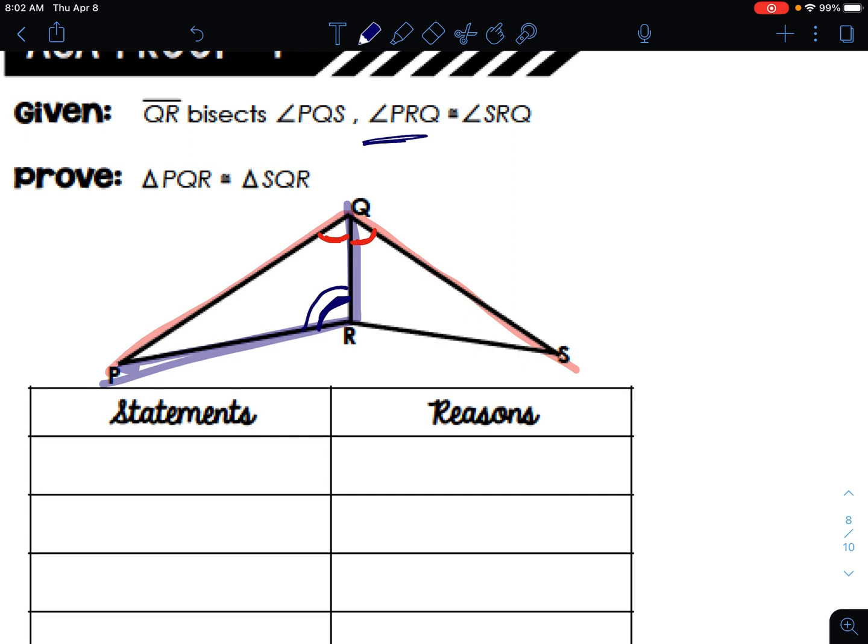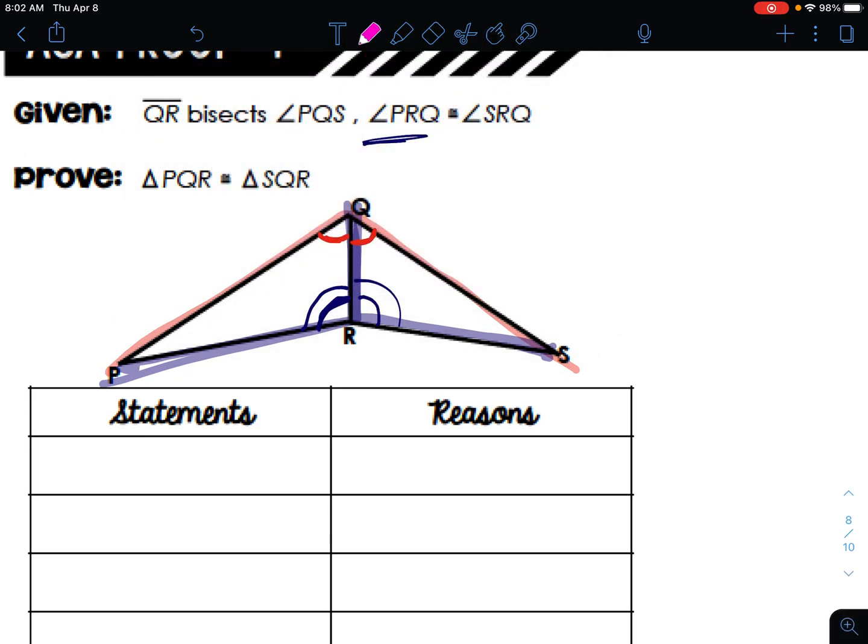So put that angle marking right there. We could put 2 tick marks because I'm using color codes. I could probably only use one, but since we already used 1 tick mark, we're going to use 2 tick marks on this one. Likewise, SRQ is this one. Put 2 tick marks on that. So we have 2 angles right now.